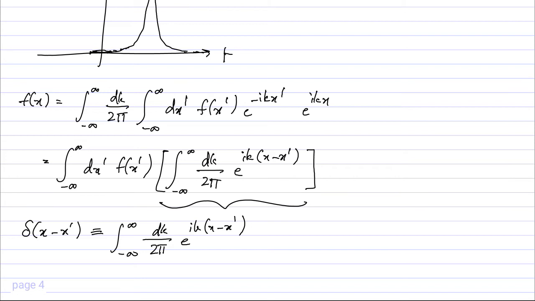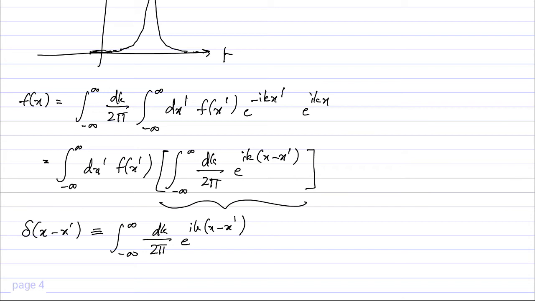You can write it down in many different ways, and all of those different ways satisfy those properties. I've written it down in one particular way, which is just an integral over some complex exponentials. That's probably the easiest way because it's very clearly motivated from Fourier transforms. Right now this is just a definition.